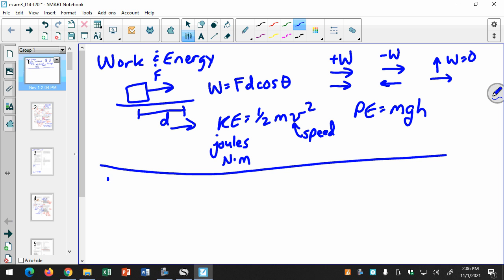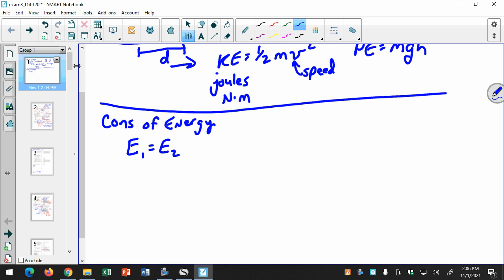The next is the conservation of energy. And that just says that the energy at one point is equal to the energy at another point, or the initial is equal to the final energy. And then in particular, we're looking at mechanical energies, so that would be kinetic energy plus potential energy at one position is equal to the kinetic energy plus the potential energy at another position.